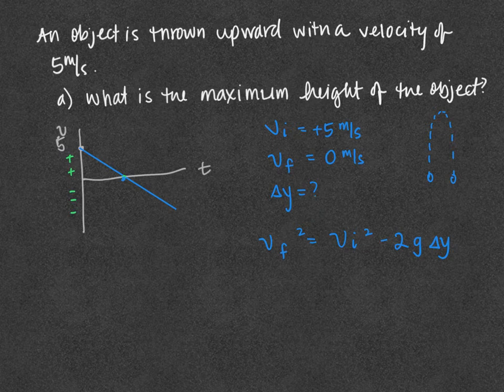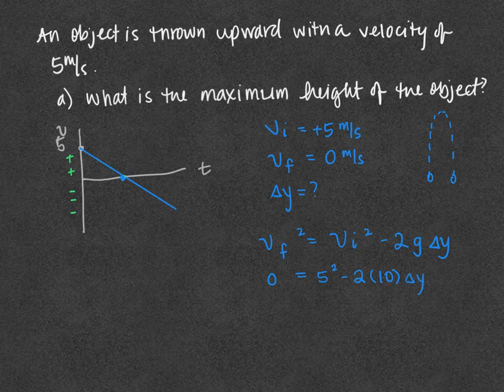My final velocity will be 0 in this case because I'm just looking for when it gets to the highest point, which will be at this time right here where the velocity is 0. The initial velocity was 5, don't forget to square it, minus 2. I'm going to use 10 for g because it makes the math easier. And then I have my delta y.